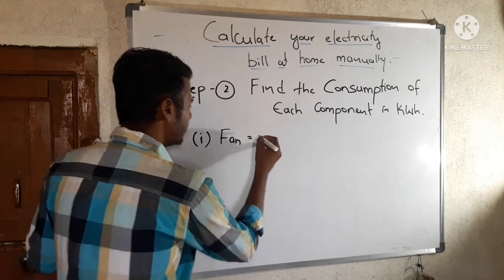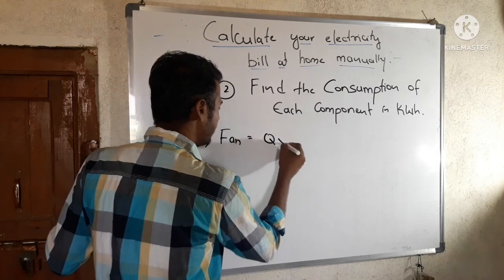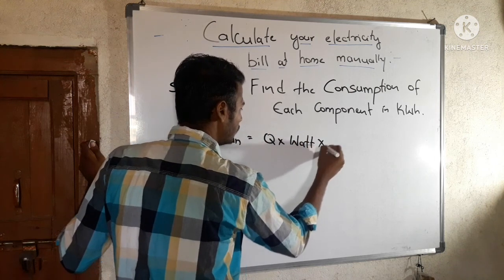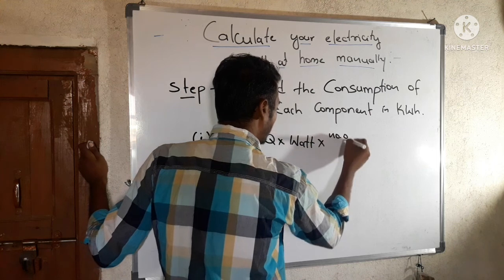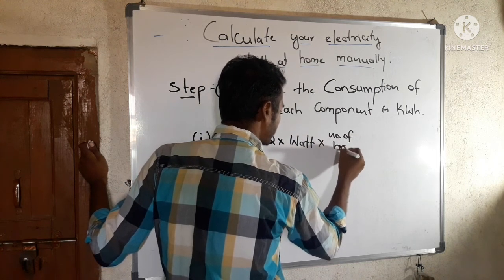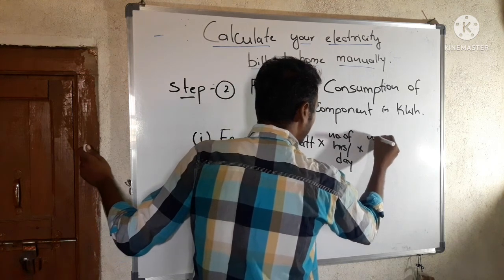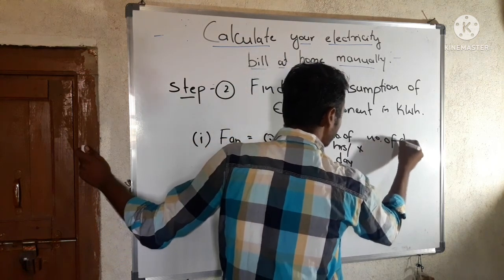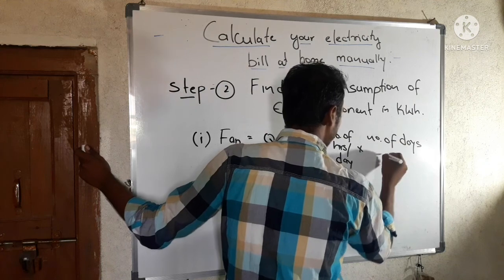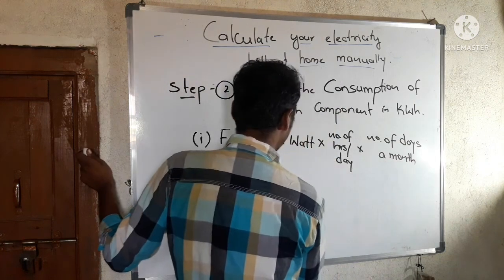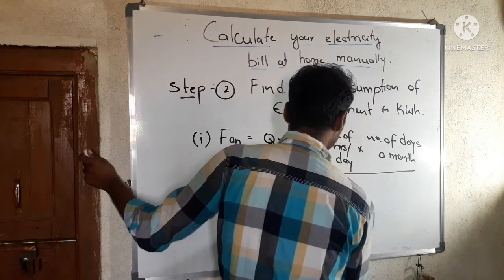So the formula is Q into wattage into number of hours we use per day into number of days a month divided by 1000.